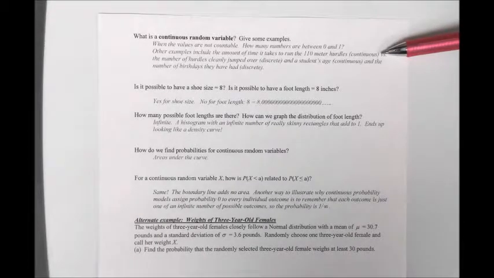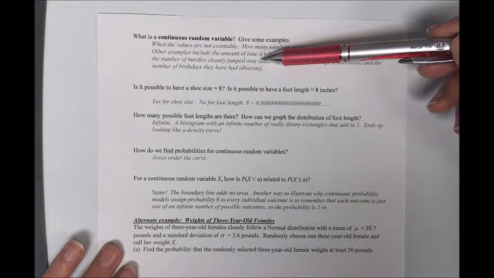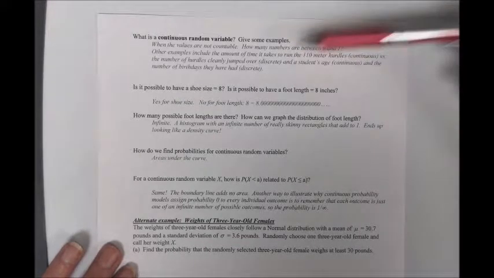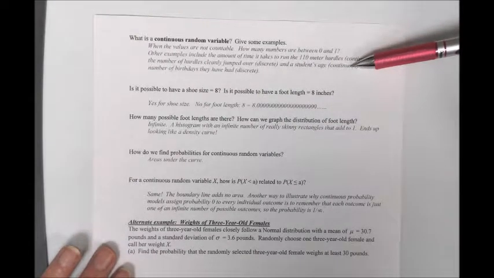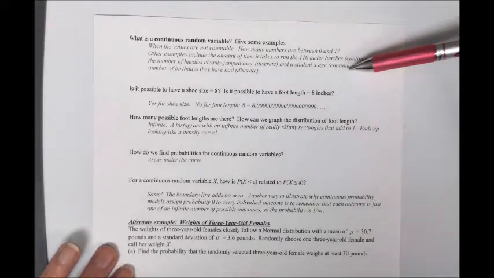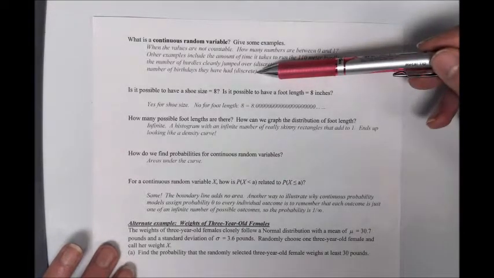They're going to measure it, but they could be so much more precise and have an infinite number of times, versus the number of hurdles. If I said how many hurdles did they cleanly jump over, that would be countable and discrete. Somebody's age, you could say, is continuous because I am now 1 second older than I was a second ago, so my age is constantly changing. The number of birthdays that I've had is countable and discrete.